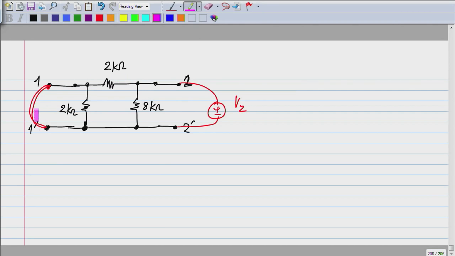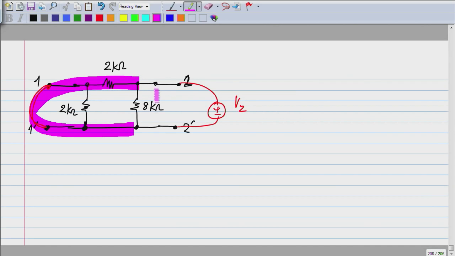Now, you see that this 2 kilo ohm is in parallel with 8 kilo ohm, because this is short circuited. So essentially you see a conductance corresponding to 2 kilo ohm in parallel with 8 kilo ohms.